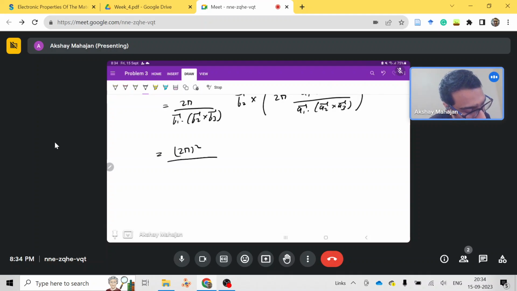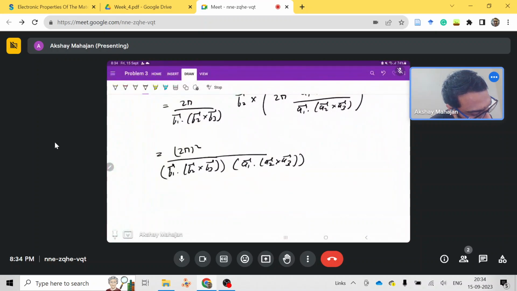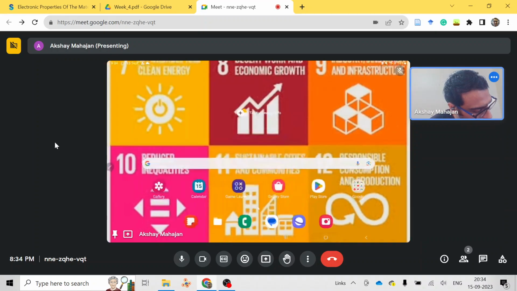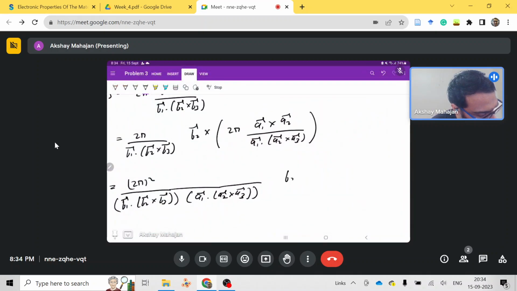So I will have 2 pi whole square, b1 vector dot b2 vector cross b3 vector. This is one scalar, and then we have a1 vector dot a2 vector cross a3 vector. This is another scalar. Other than that, what I have is b2 vector cross a1 vector cross a2 vector.